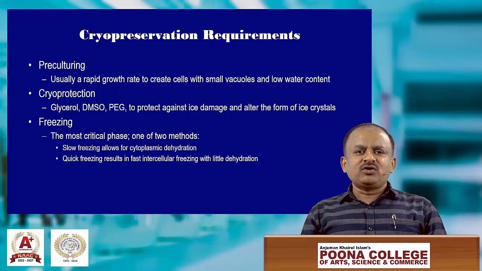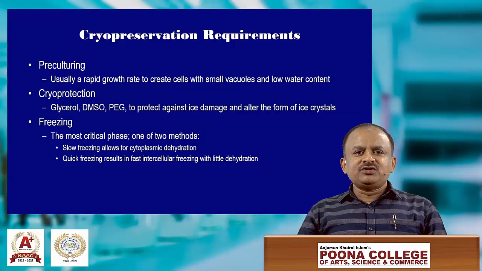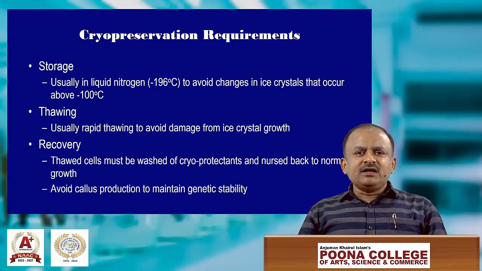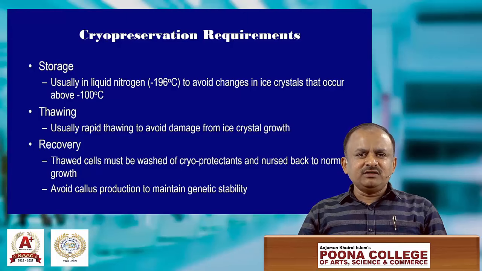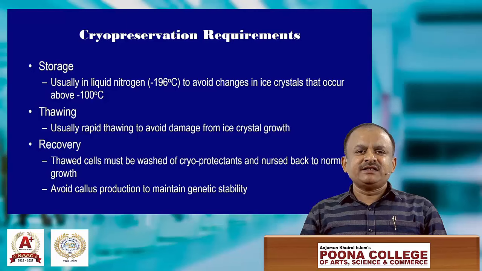Next, we have to consider freezing. It is the most critical phase, with one of two methods. Slow freezing allows for dehydration, and quick freezing results in fast intracellular freezing. This is very important. As far as storage is concerned, cryopreservation storage is at minus 196 degrees centigrade.